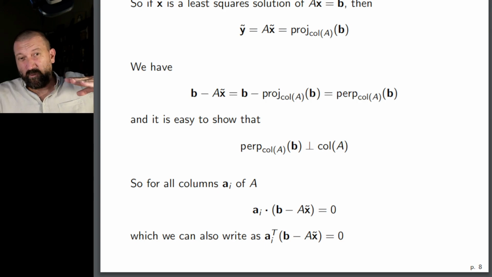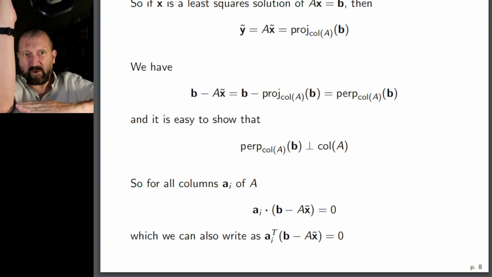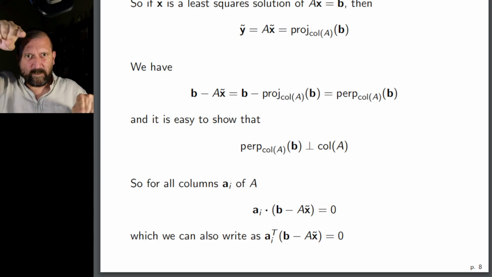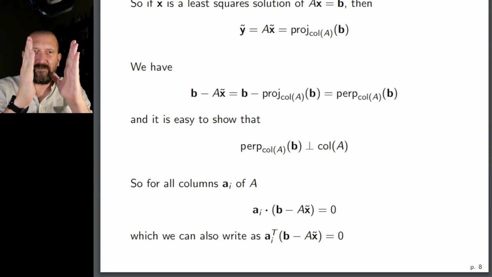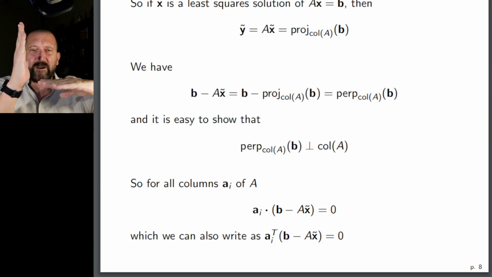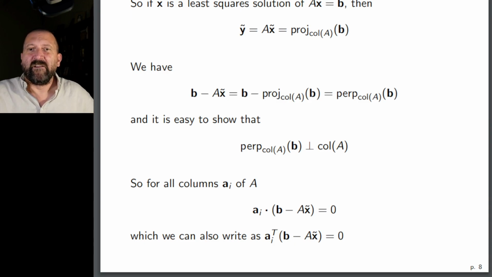So this is a row vector that I'm multiplying by a column vector, and the elements multiply one by one and sum, and the number you get at the end is the dot product. So you can either take the dot of two vectors, or you can multiply on the left by the transpose of a vector. So for all columns of A, we have this relationship: A_i transpose times B minus AX tilde is equal to 0.